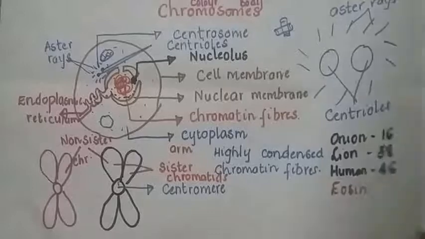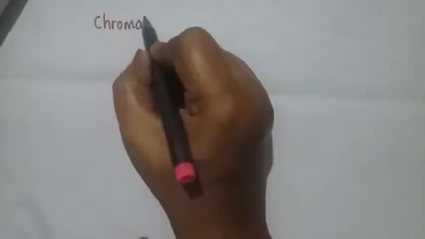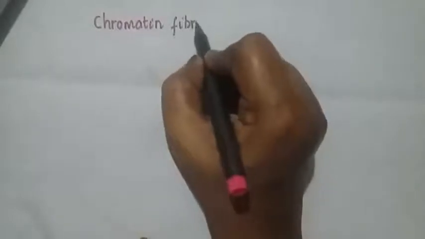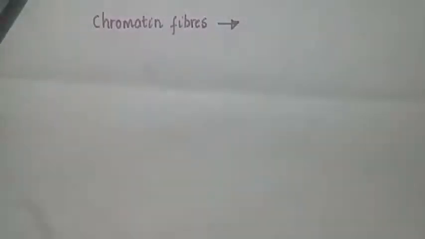Now, these chromatin fibers or a chromatin network comprises 2 parts, which are the highly condensed network-like structure.